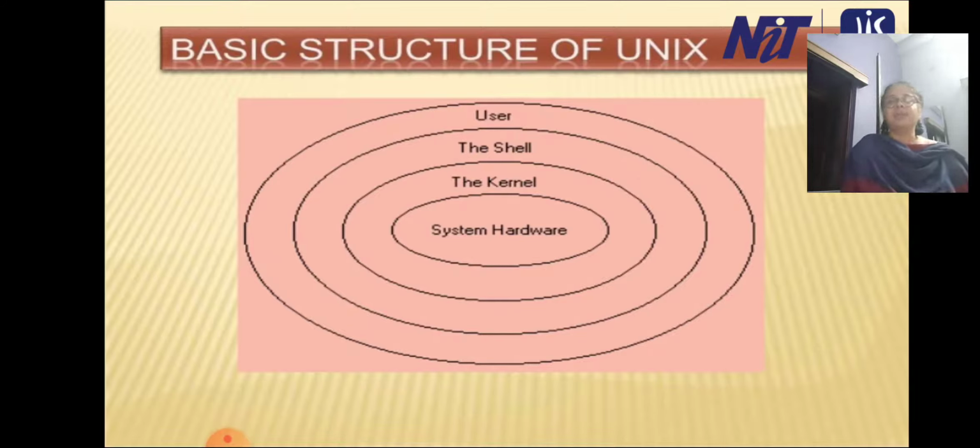Customers can then choose from a wide variety of hardware vendors without being locked in to a particular vendor. Unix hides the machine architecture from the user, making it easier to write applications that can run on micros, minis, and mainframes.